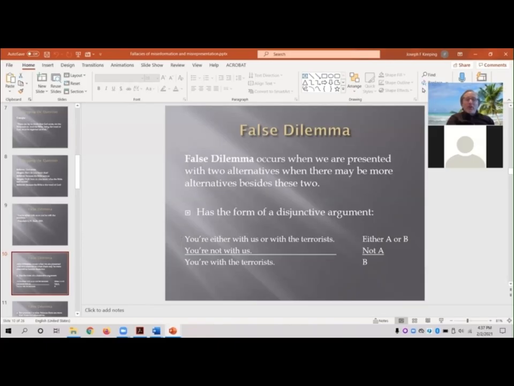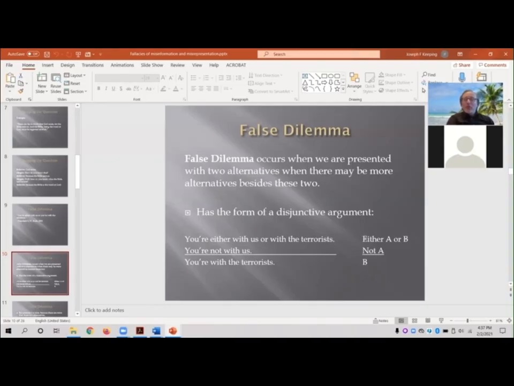So the reasoning, if you were to make this into a syllogism, it would be: you're either with us or you're with the terrorists. Second premise, you're not with us, therefore you're with the terrorists. So either A or B, not A, therefore B. This is a valid argument form.